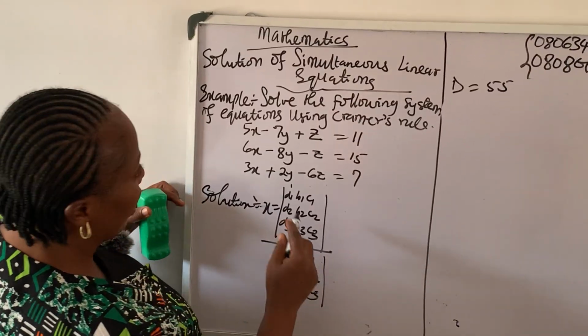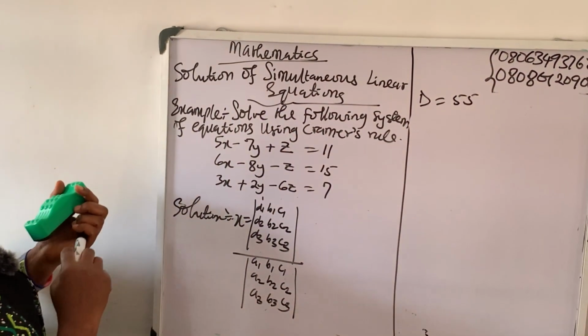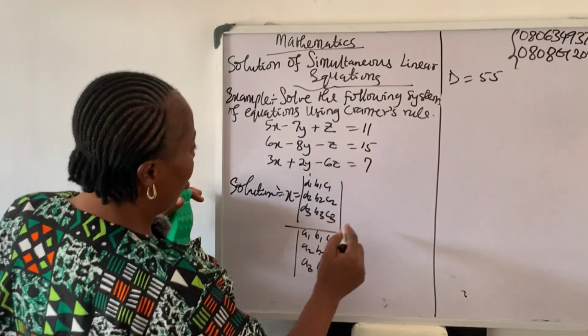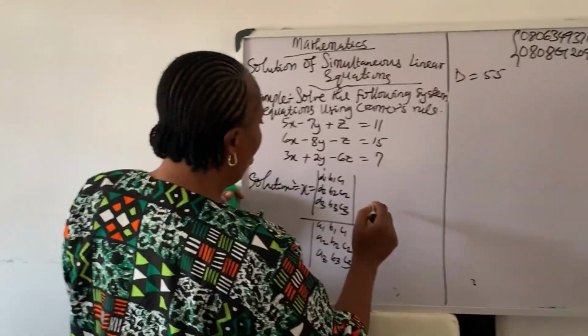That is, each one we get, we use the D to divide it. Now we go again.